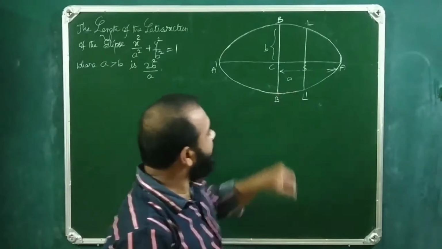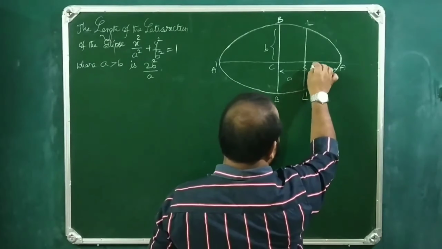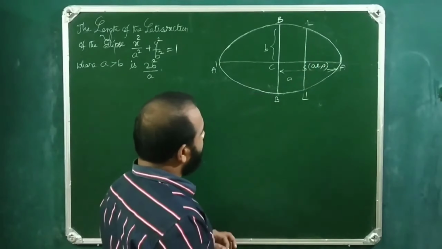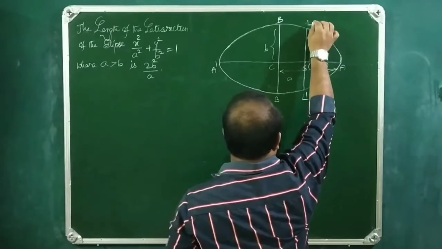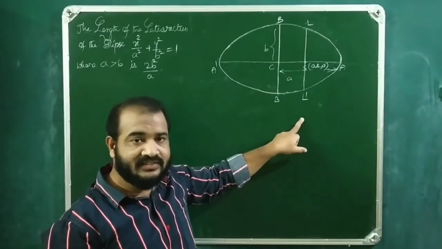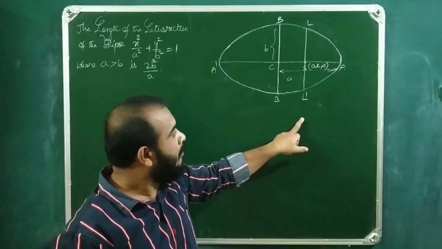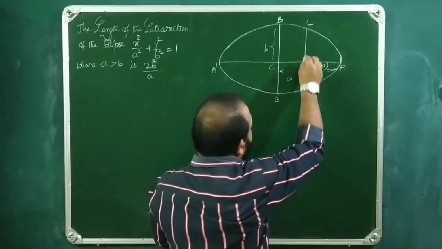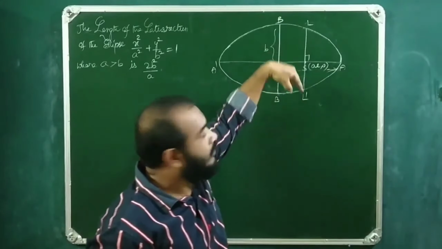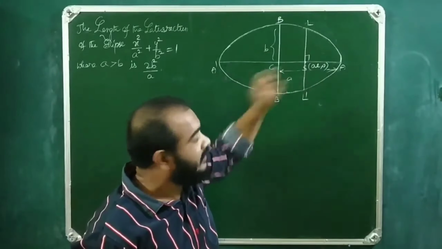We have already seen that the coordinates of S are (ae, 0). Then what is LL dash? LL dash is a line perpendicular to the major axis and passing through the focus. This is the latus rectum.